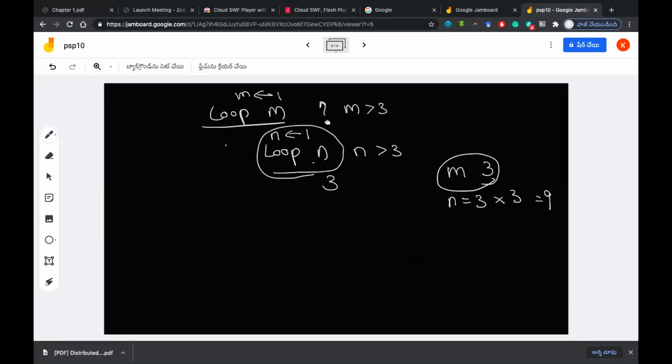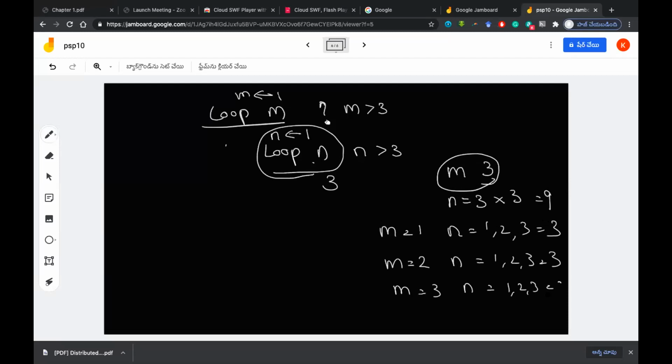I hope you are understanding. That's why I said if m is 1, n will be 1, 2, 3, 3 times it is repeating. If m is equal to 2, n will be repeating 1, 2, 3. This is also 3 times. If m is equal to 3, n will be 1, 2, 3. This is also 3 times. Total 9 times. Okay. So this is called a nested loop.